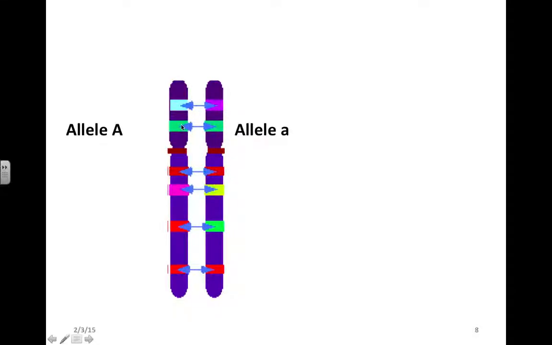And this might be allele A, big A, and this might be little a. Or maybe this is big A and big A. Or maybe they're both little a on both sides. So just an example here of two chromatids, one from mom, one from dad, that would have a whole bunch of genes on it that would code for the same trait.